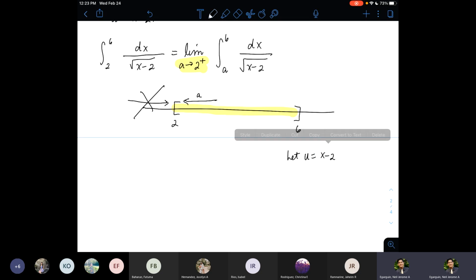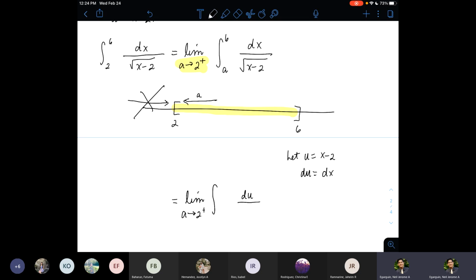So the right substitution here is u equals x minus 2. Then du will be equal to dx. So essentially now we'll have the limit as a approaches 2 from the right of the integral of du over u to the 1/2. All right.